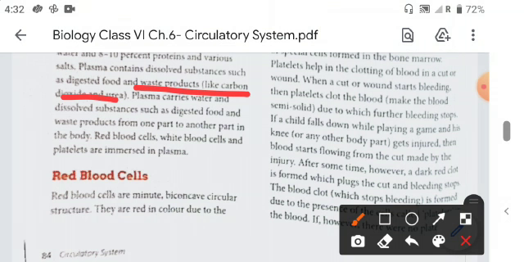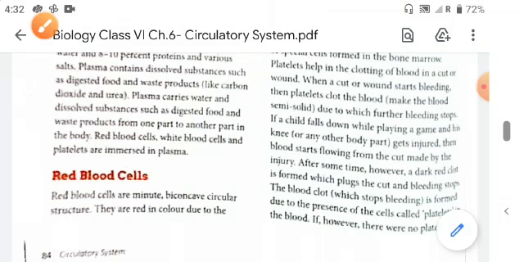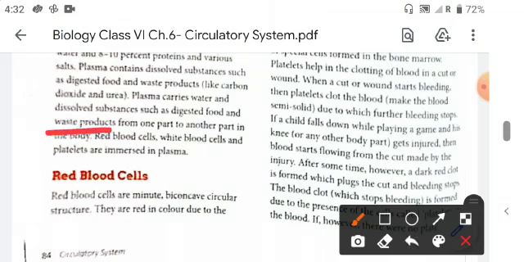Plasma carries water and dissolved substances such as digested food and waste products from one part to another part in the body. And red blood cells, white blood cells and platelets are immersed in the plasma.